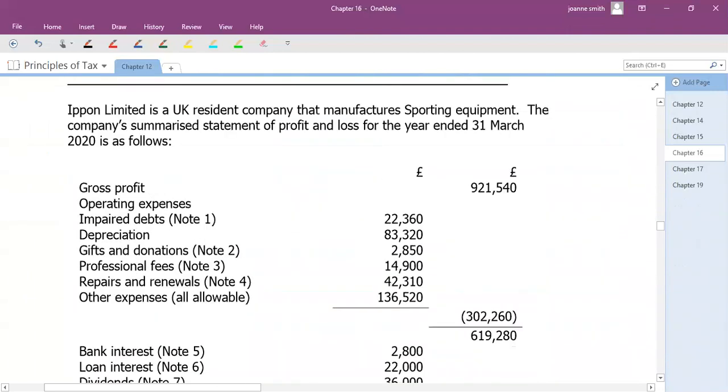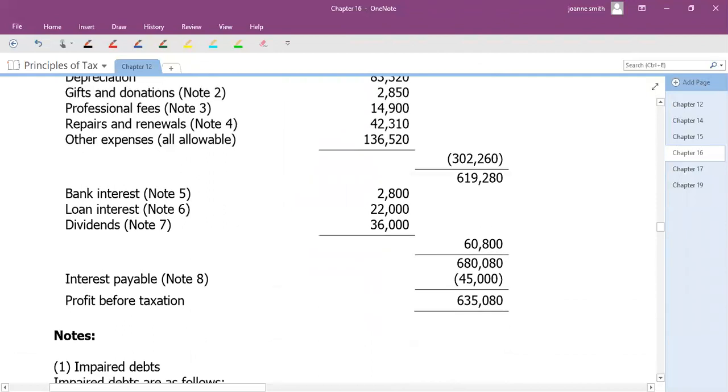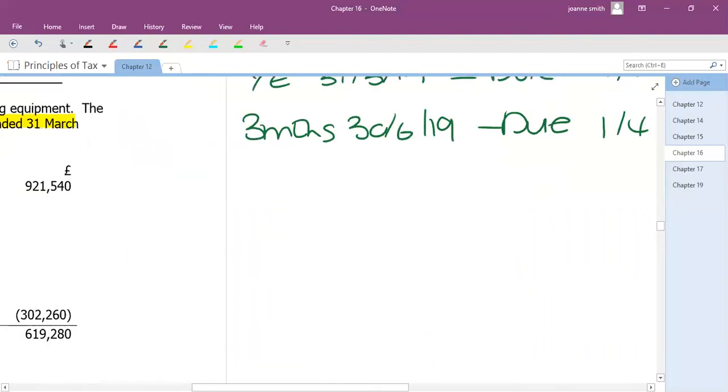So the first thing I would suggest that you do is that you find out the year end, and hopefully it's a nice 12 months like it is here, not a long period. So that makes life easier. And you're going to take your profit before tax and you're going to adjust for your disallowable items. So let's set up the pro forma. So part A, tax adjusted profit.